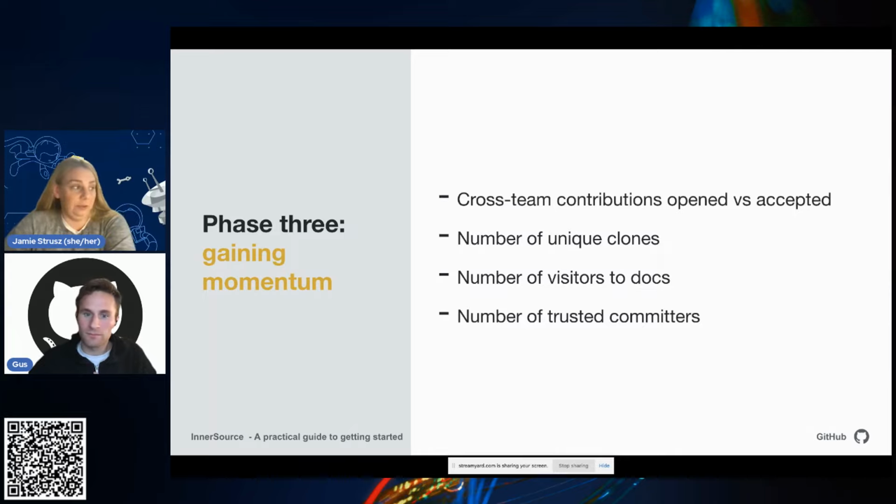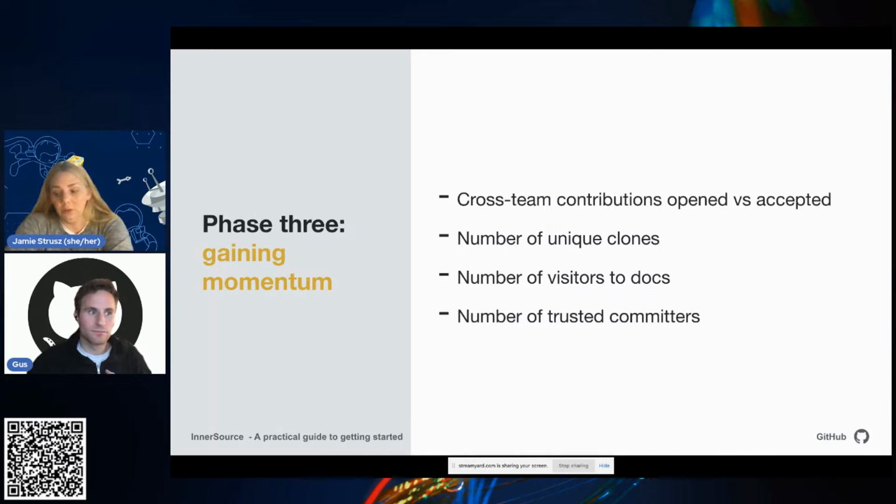Yeah, phase 3, gaining momentum. This is kind of the fun bit, right? This is where we really start to dive heavy into data science. So let's think about cross-team contributions, the open versus accepted, like I mentioned for Bloomberg as an example, the number of unique clones if you do have forking enabled, and the number of visitations to docs.